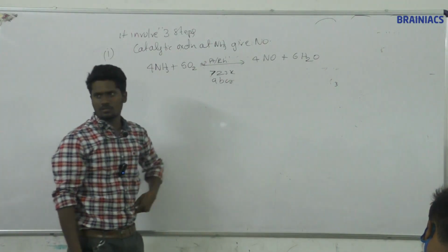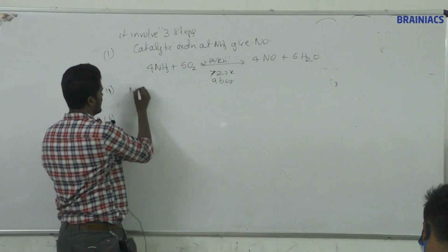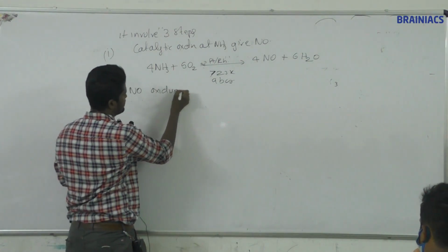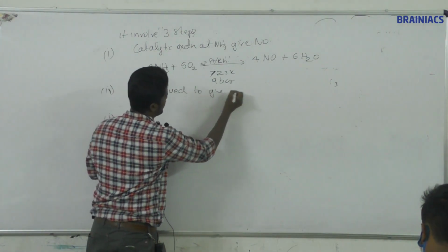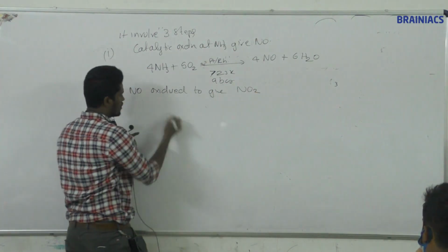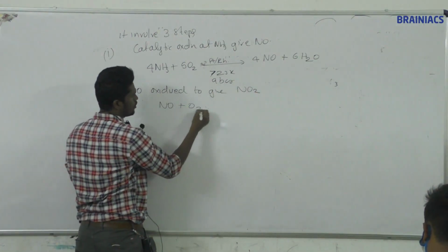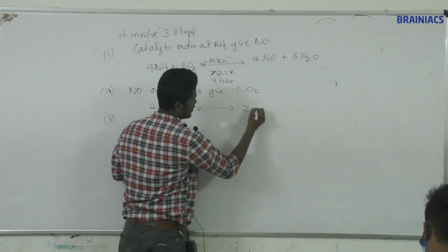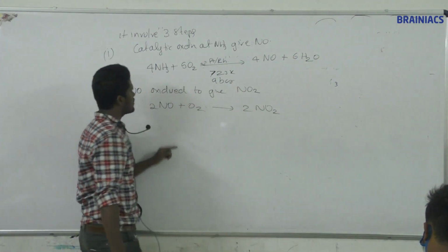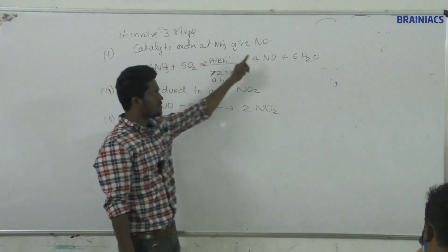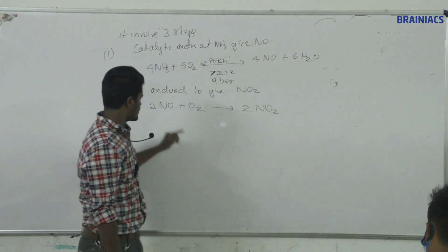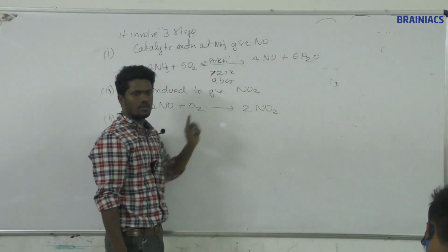It is nitric oxide. And second step, NO is oxidized to give NO2. So here NO plus O2 gives NO2. But first ammonia is oxidized to give water and NO. Second step, NO oxidizes to give NO2.